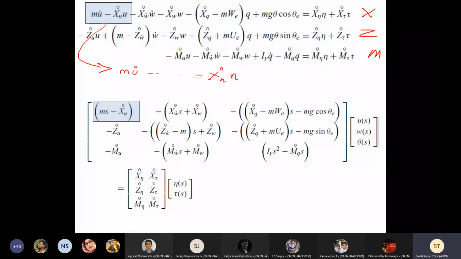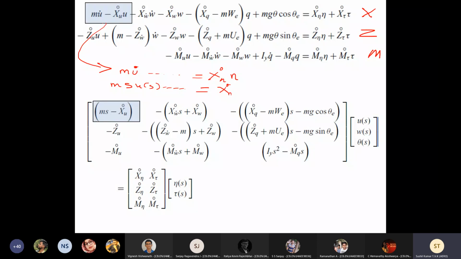Okay. So this is u dot. If I take Laplace, it's nothing but m times s into u of s, equals plus some other terms, and similarly you'll have this stability derivative x eta into eta of s.